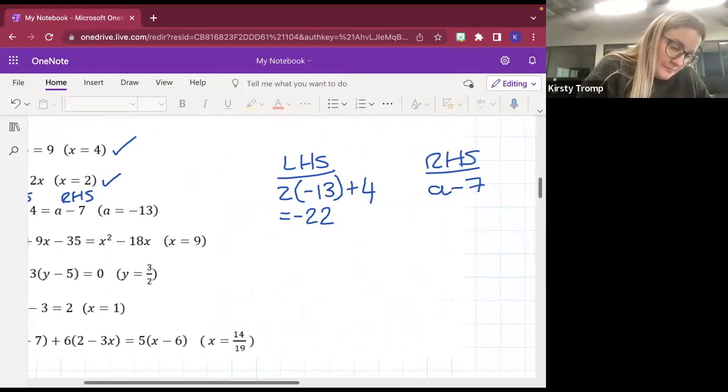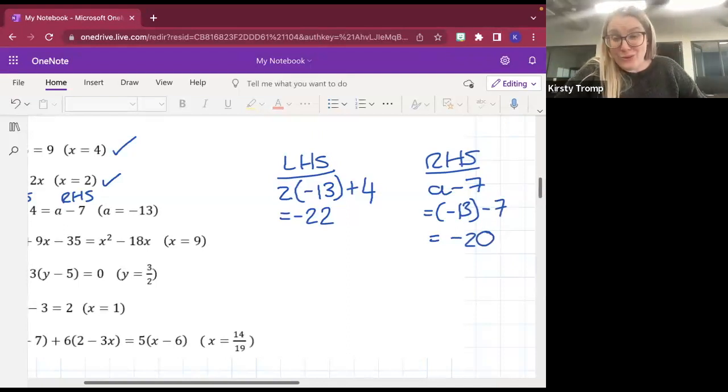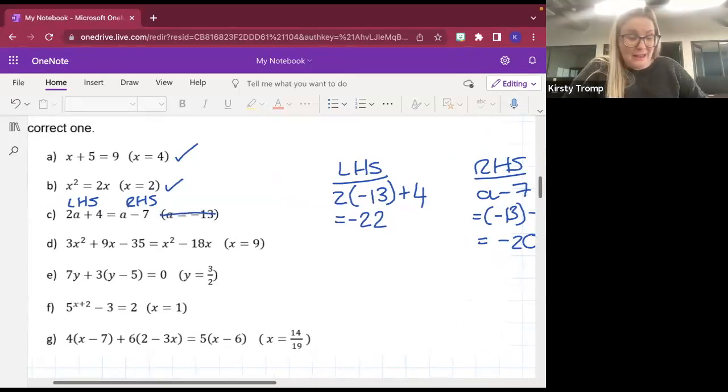So I'm going to say, open brackets, negative 13, close my brackets, minus 7. Negative 13 minus 7 gives me negative 20. So I know that this is definitely not right. A can't be equal to negative 13.